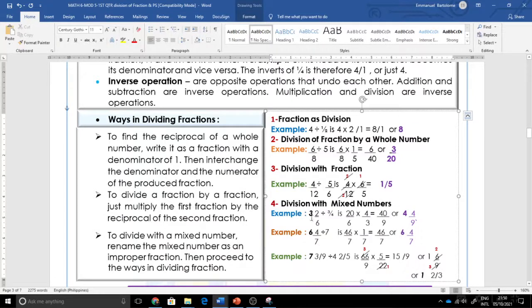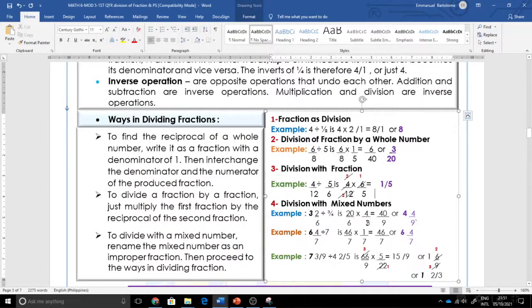Okay? So, division of a mixed number. Reminder, in multiplication and division, if you see a mixed number, you should always change it to improper first. So 6 times 3 is 18 plus 2 is 20 over 6. So 20 over 6. Then multiplied by the reciprocal of 3 over 4, which is 4 over 3.